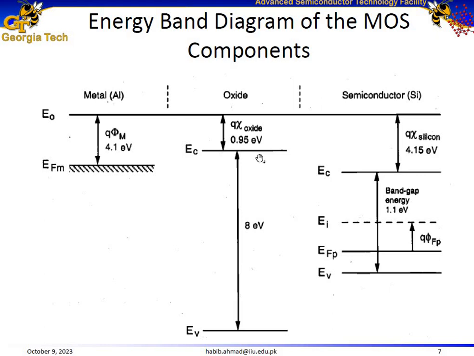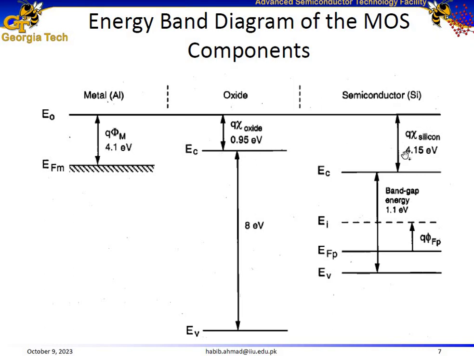For the oxide, we know that oxide is an insulator, so it's going to have a really wide energy band gap between the conduction energy level and valence energy level. For silicon dioxide, its value is 8 electron volts. And chi, the electron affinity for silicon dioxide, is 0.95 electron volts.